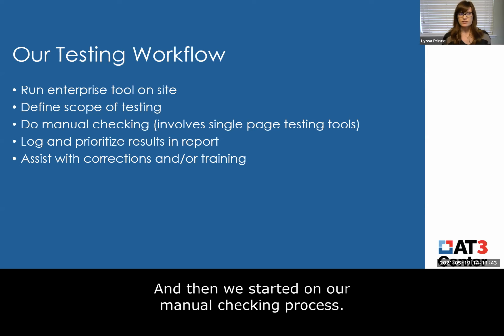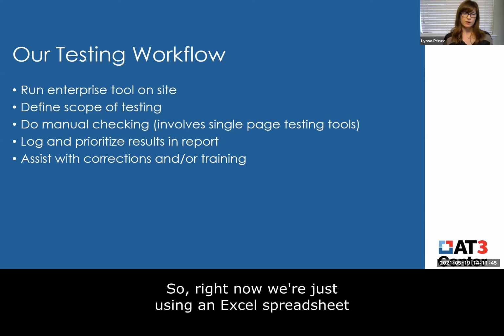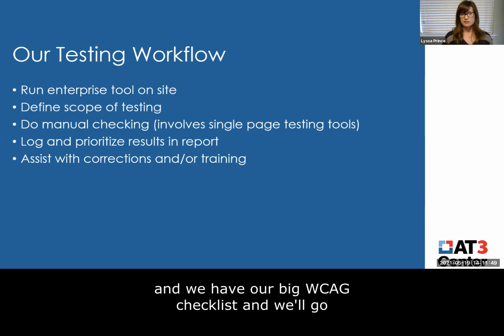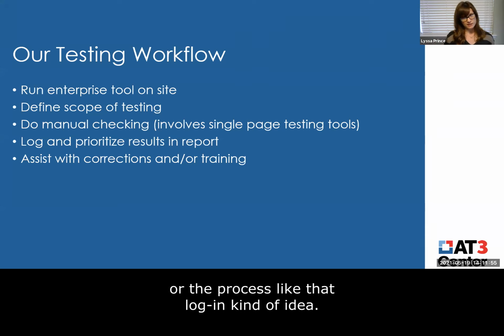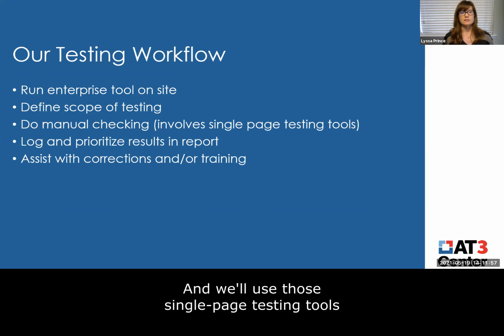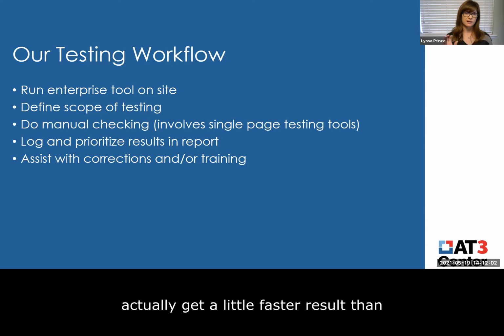And then we start in on our manual checking process. So right now we're just using an Excel spreadsheet, and we have our big WCAG checklist, and we'll go through and test either the component or the page or the process, like that login idea. And we'll use those single page testing tools as we're doing that, so that we can actually get a little faster result than having to do all of that by hand.